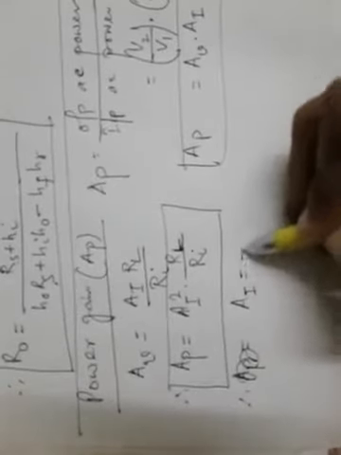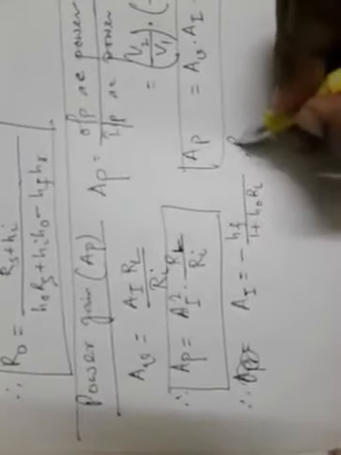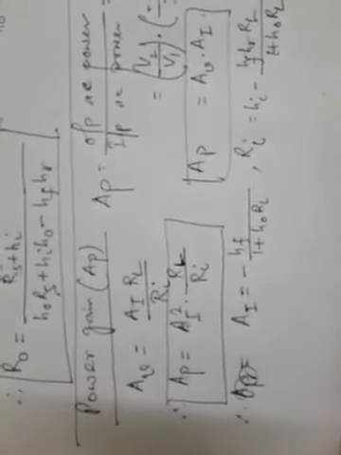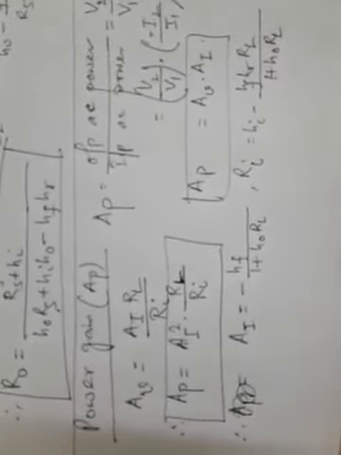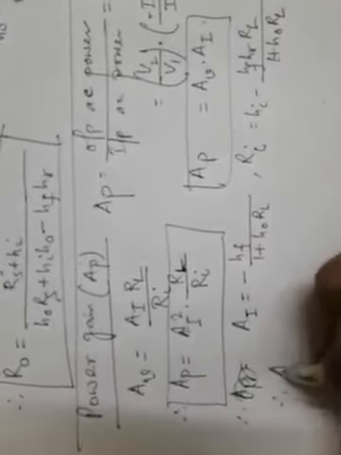AI was minus HF divided by 1 plus HORL, and RI was HI minus HF HR RL divided by 1 plus HO RL. So these are the two expressions. Let us put these two expressions over here to find AP in terms of H parameters.